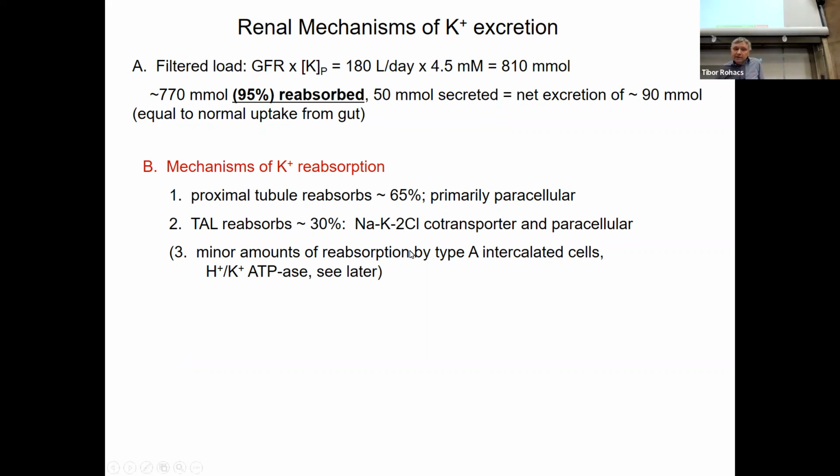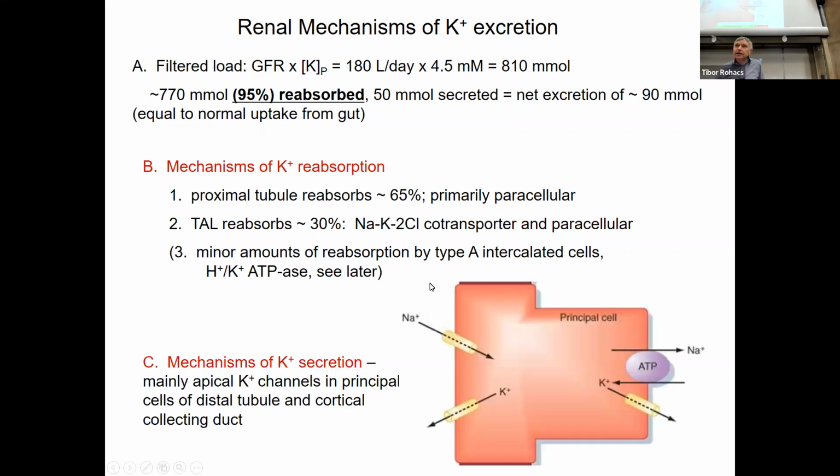And the way around that is that the kidney, after reabsorbing much of potassium, in later nephron segments in the principal cells will also secrete potassium. Again, we had this cell type before, the principal cell, for sodium regulation. Basically what happens here is sodium is reabsorbed, potassium is secreted.